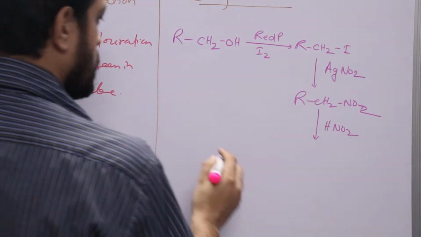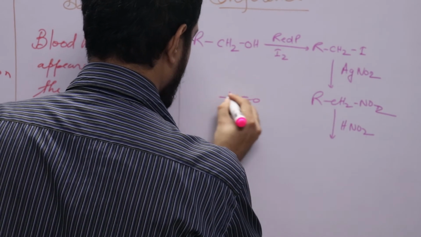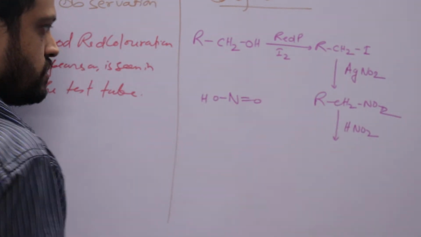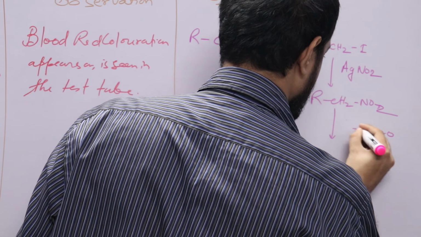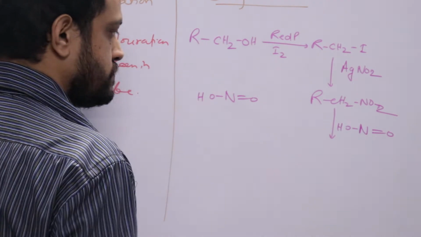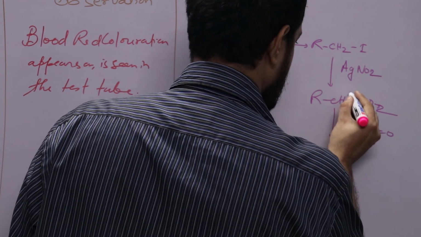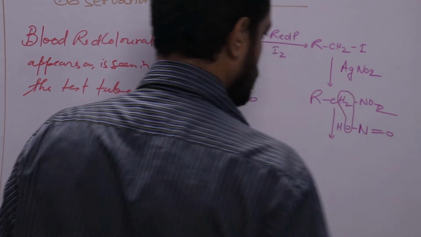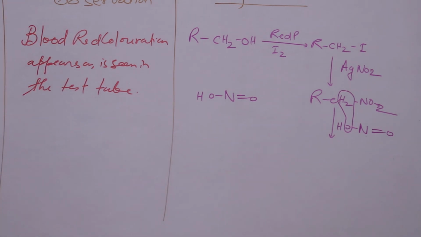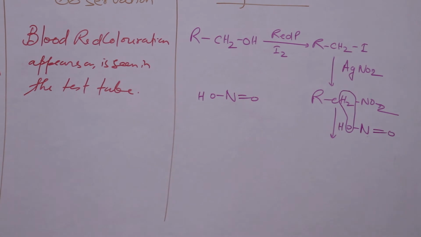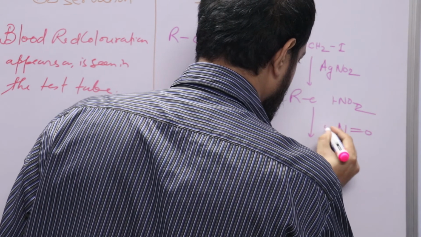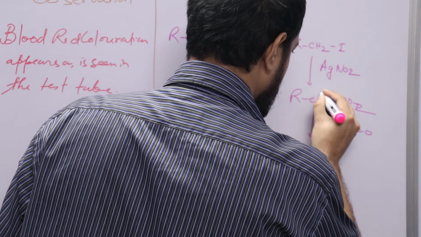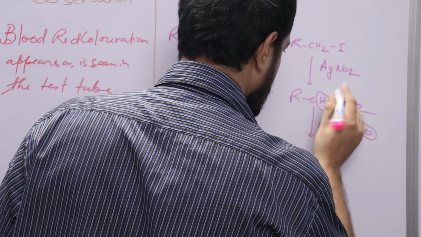Now listen, you will have to understand what is the structure of HNO2. This is actually the structure of HNO2, right? So we forget this structure and we remember this structure for the time being. Okay, now listen. This will be going out, H2O. Sorry, this H2O will remain and this H2O will go out.